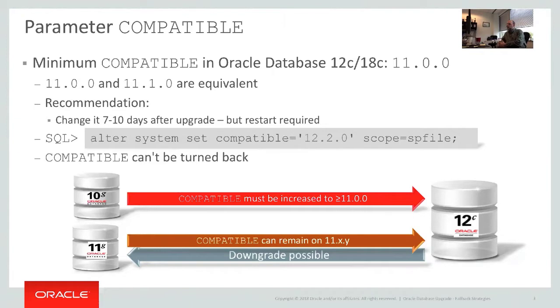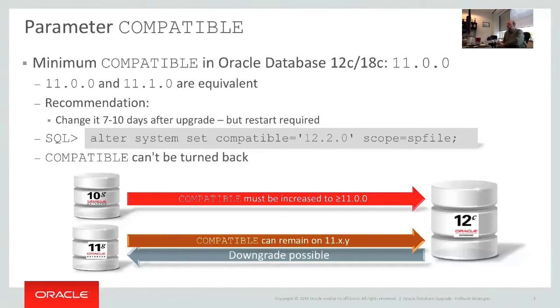On the other hand, there are some other features such as moving to SecureFile LOBs in 11.1, going to multitenant in 12.1, even Database In-Memory, which you would think is wholly in memory, it actually has some on-disk structures that require a compatible setting of 12.1.0.2. So anything that affects the on-disk structure of the database may require a higher compatible setting.